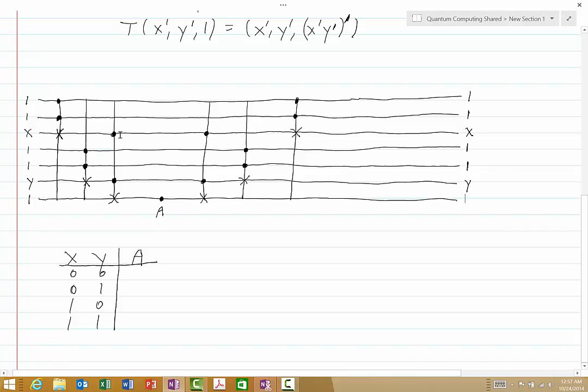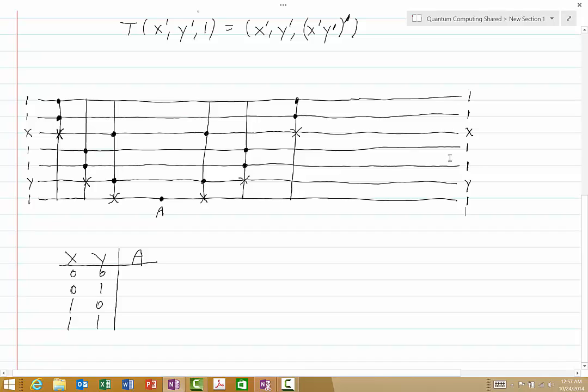So unless you have a 1 here and here, in which case you also have a 1 here and here, unless that is the case, the 1 goes all the way through unchanged, and if you have 1s at those 4 places, then the 1 will get inverted here, but then inverted back again. So either way, you conclude that this 1, on this line, the output will be 1.